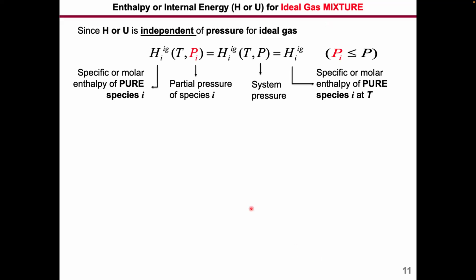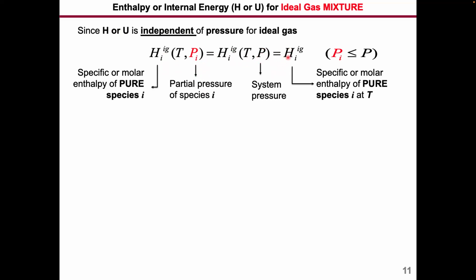So in the end, your H_i^IG at T, P_i, let's say this is the pure species property at the reduced partial pressure, right? Because this enthalpy doesn't depend on pressure, it's going to be equal to H_i^IG at T, but at the system pressure.